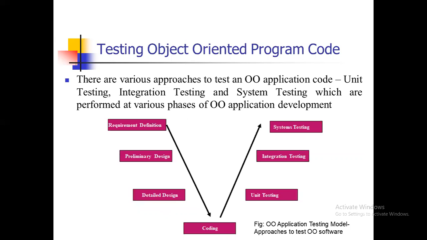So the next point is testing object-oriented program code. There are various approaches to test an object-oriented application code, like unit testing, integration testing, and system testing, which are performed at the various phases of object-oriented application development. The phases are requirement specification, preliminary design, detailed design, then coding, then in the testing phase, unit testing, integration testing, and system testing.